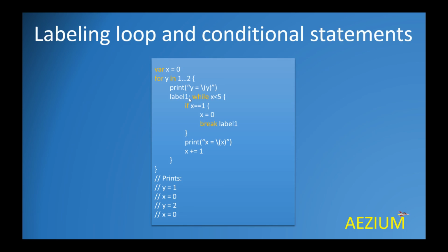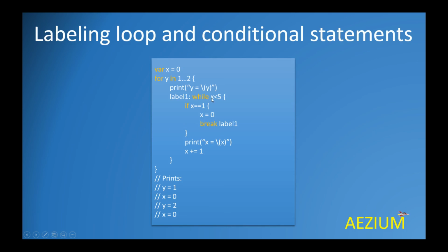So in this example we start with a variable x which is initialized to 0, and then our for-in loop repeats the code within its body twice. So in the first round we print the value of y, which is the temporary parameter of the for-in loop, and then we enter the while loop.